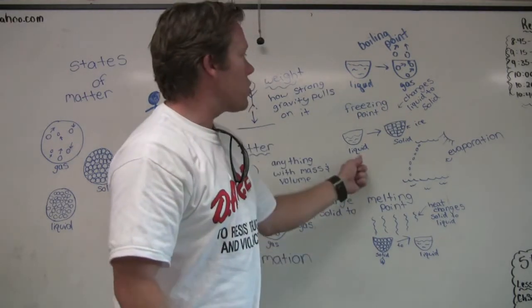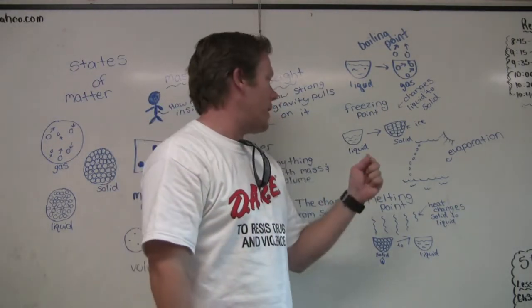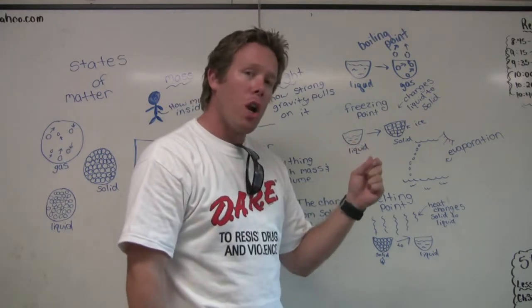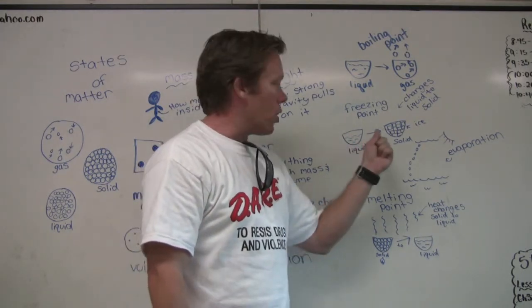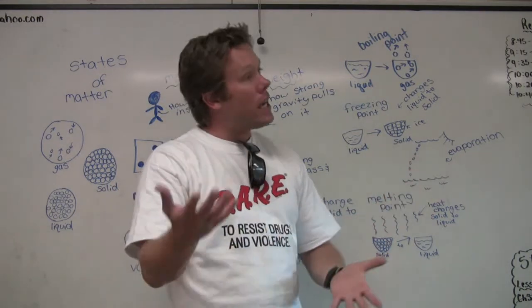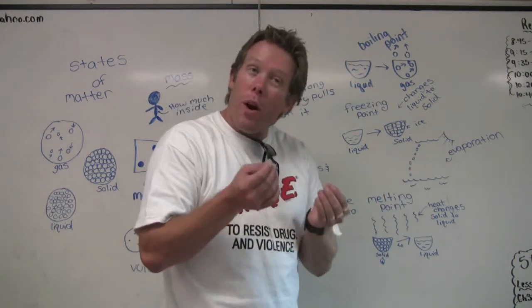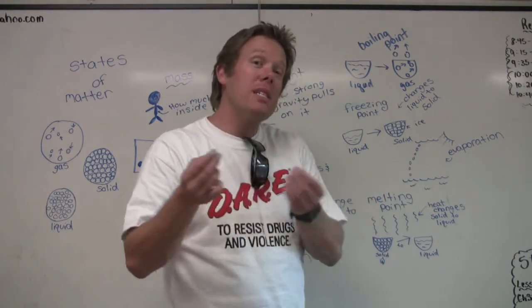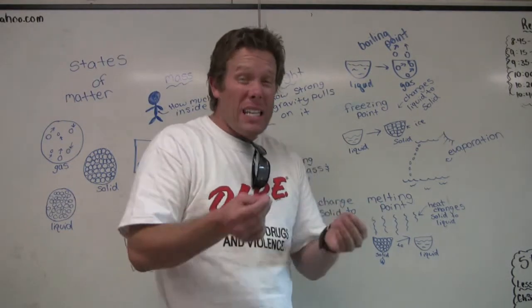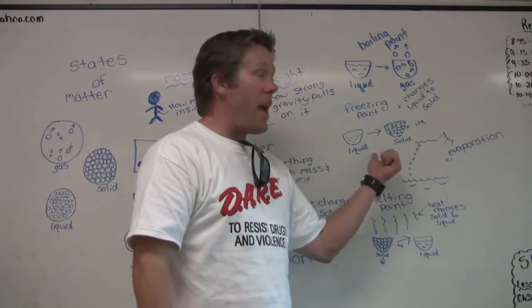The next one is called the freezing point. Freezing point is the temperature at which a liquid turns to a solid. And once again, there might be different temperatures for different kinds of liquid for when they freeze.